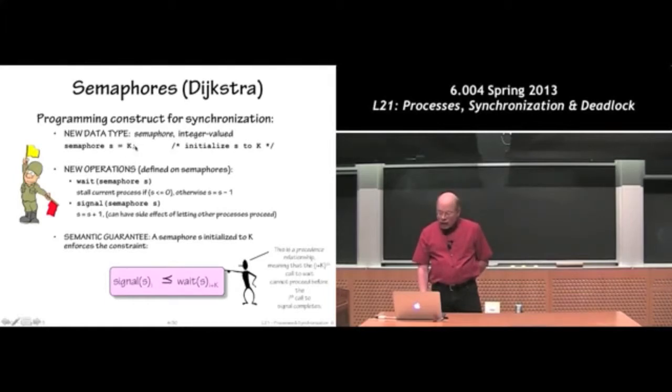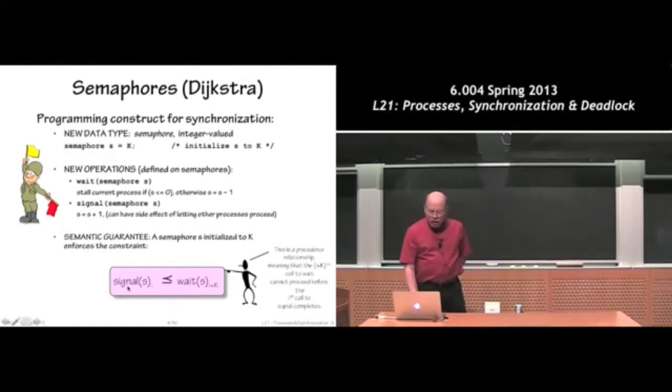Technically, if we initialize this to k, the semantics of wait and signal implement the precedence constraints that we're talking about. In other words, the way the semaphore works is that the ith signal has to happen before the (i plus k)th wait. And that's maybe a little abstract. We'll have a good practical example, and it'll become much more clear what's happening there.